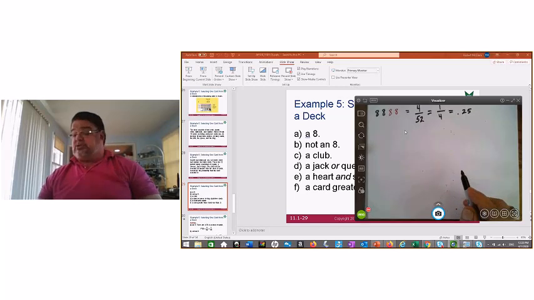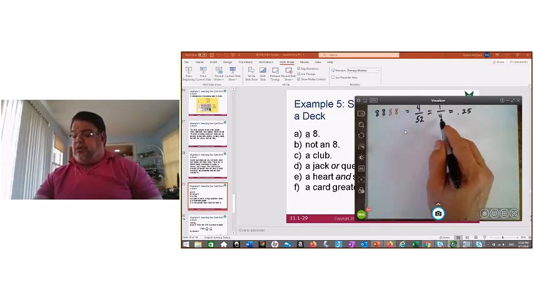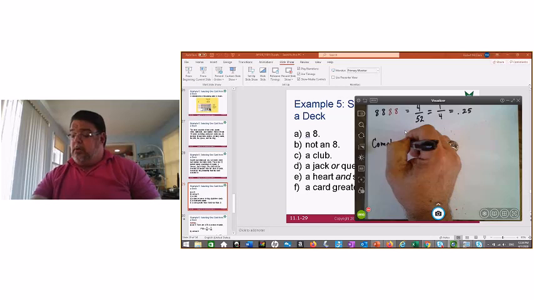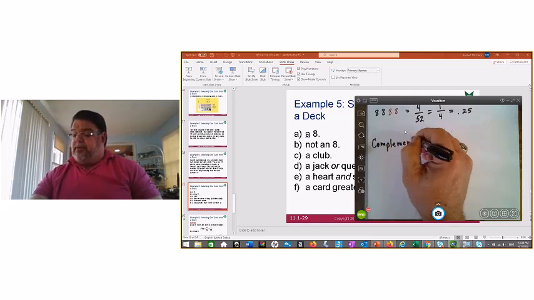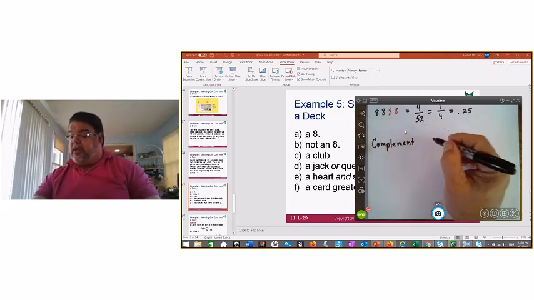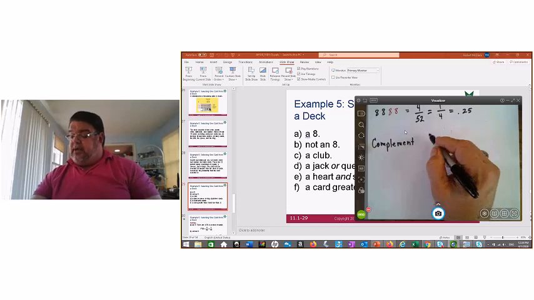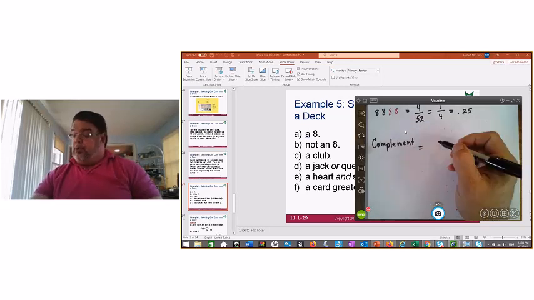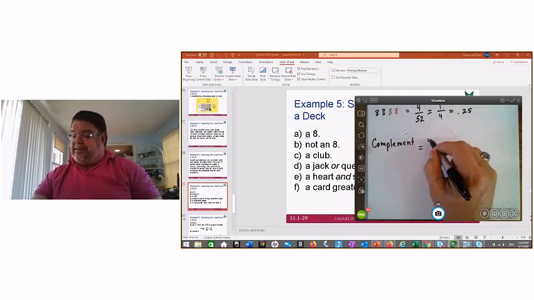So that's a test question. Let's do not an 8. If the probability of getting an 8 is 4 out of 52, then the complement, the probability of not an 8, would be 48 out of 52.